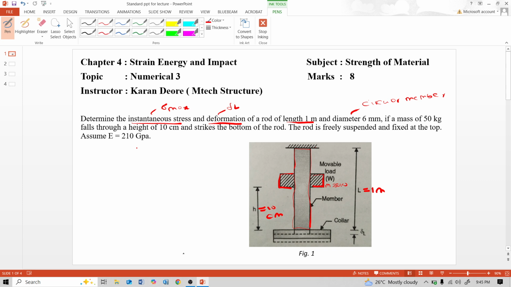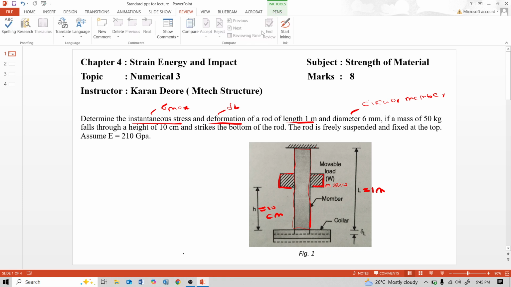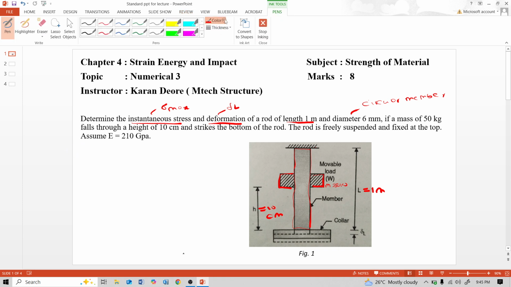Understand the numerical first. Understanding the numerical is a more important step than solving the numerical. So first write the given data. Sorry for the noise. So the given data is this rod, the length of that rod denoted as capital L is equal to 1 meter, that means 1000 mm.